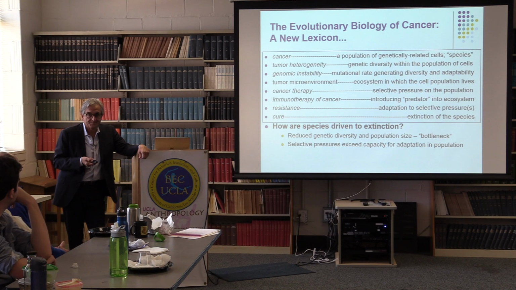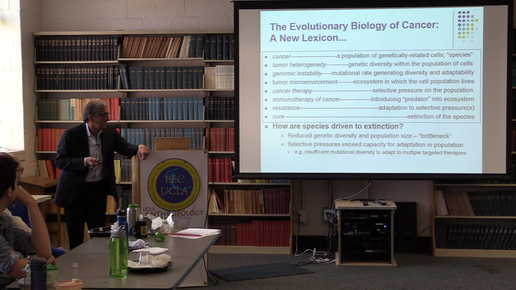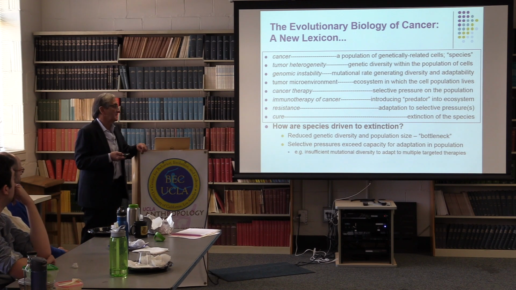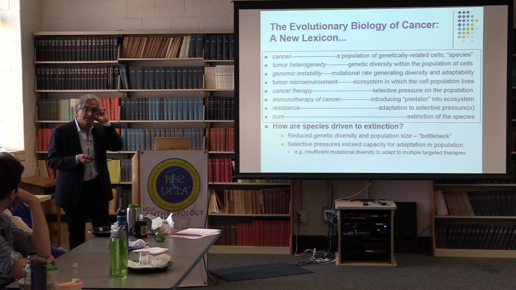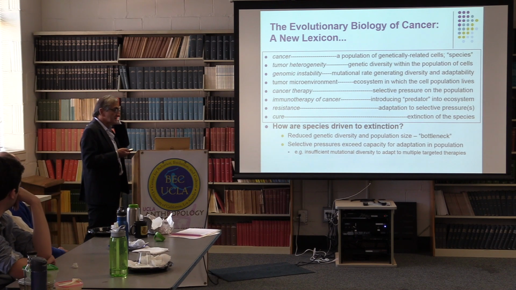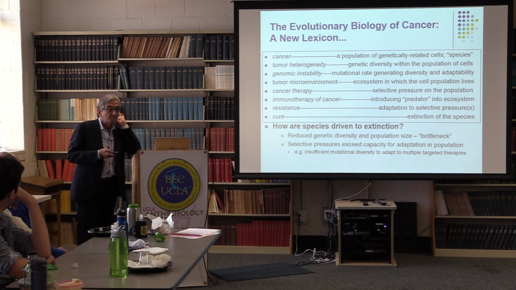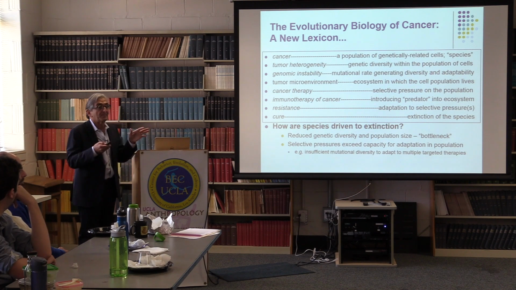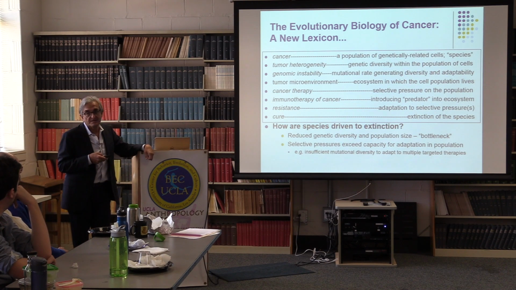That's the recipe for extinction. And the idea would be, can we get a cancer cell population down to a low enough level, a small enough population, where there's simply insufficient mutational diversity to adapt to the targeted therapies that we throw at it? Is that possible?